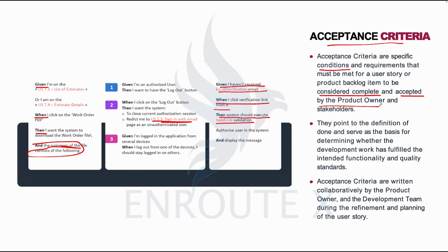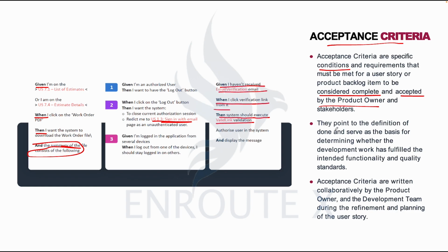No one accepts a piece of work as completed but the product owner. It is only the product owner in a Scrum team that accepts a piece of work, right? So acceptance criteria are specific conditions and requirements that must be met for a user story or product backlog item to be considered complete and accepted by the product owner and stakeholders.